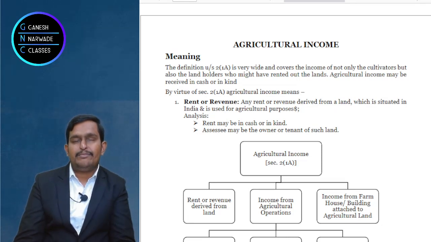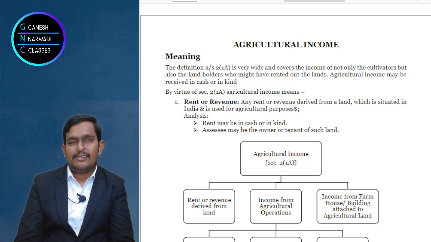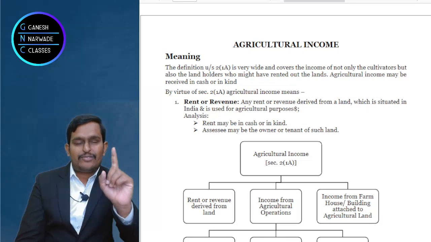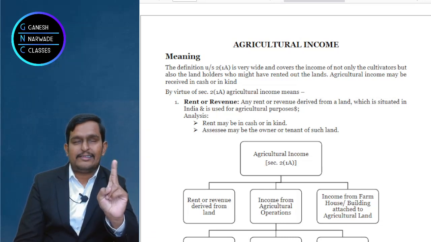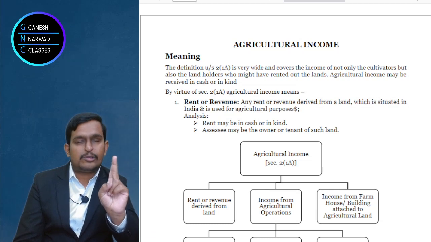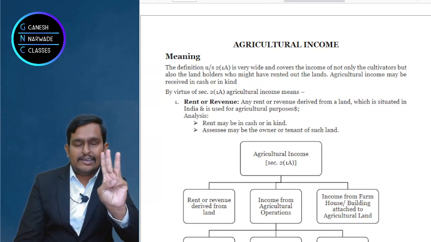I have given that building on rent, and that building is used for the farmer to stay or store the goods. Then also the rent of the building is exempt from tax. The rent of building is agricultural income and it is exempt from tax. So what did you understand out of this? That renting of land, renting of building associated with agricultural activity which is attached to the farm, or sale of agricultural produce.